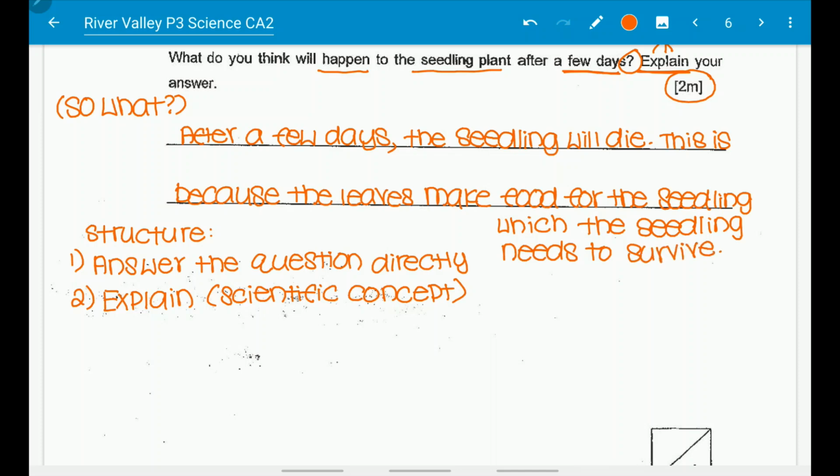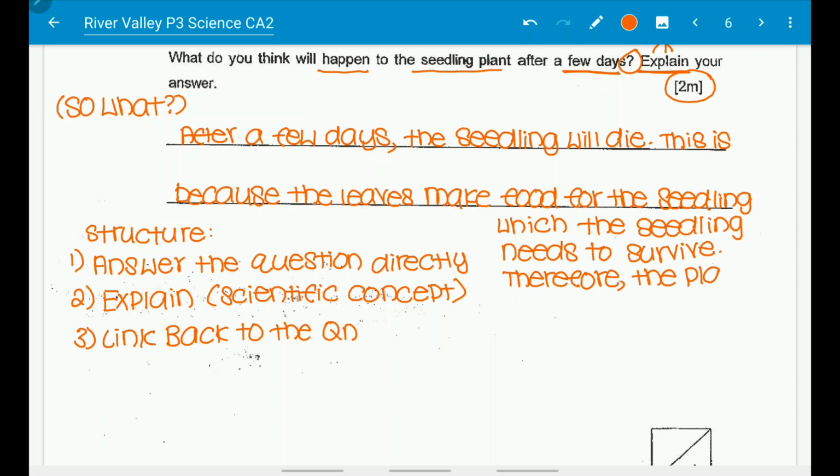Okay, and then after this, you want to link back. Okay, how do you link back to the question? Simple, right? You just go therefore, the plant will die after a few days. Therefore, the plant will die.